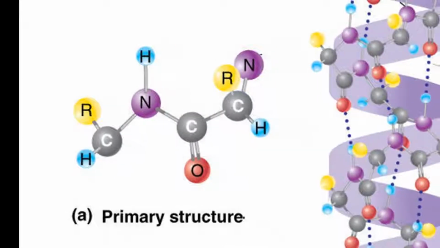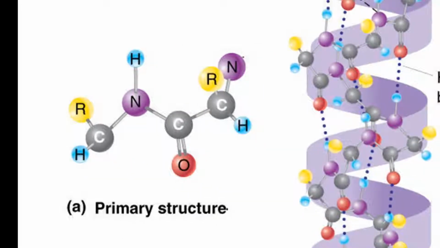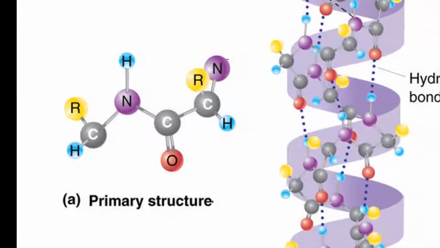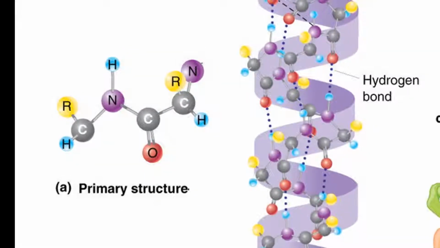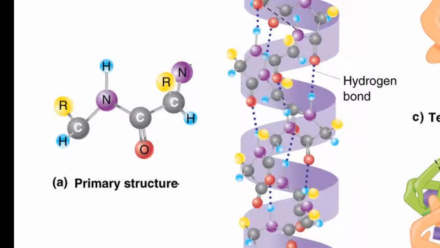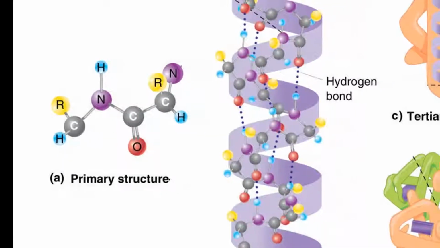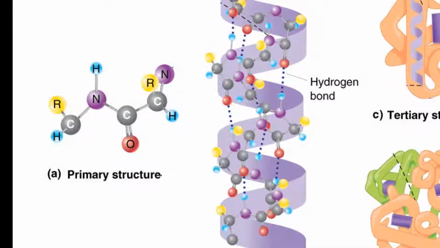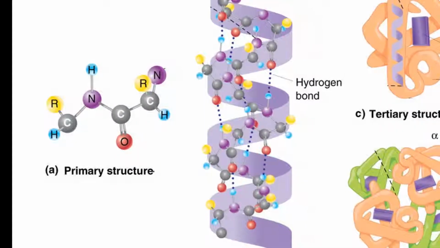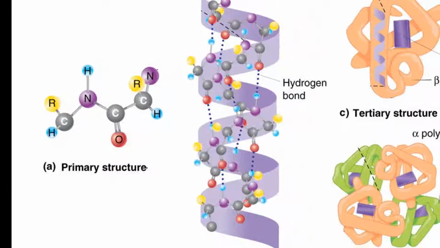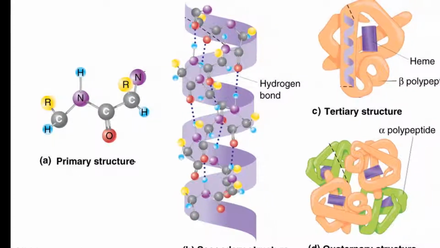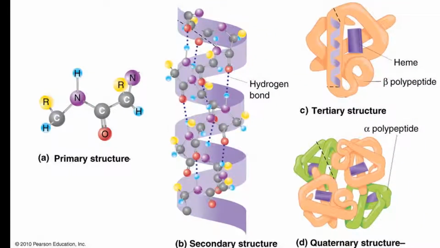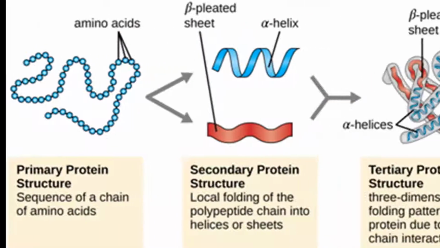An enzyme, for example, can bind to a specific substrate at a site known as the active site. If that active site is altered because of changes to the protein structure, the enzyme may be unable to bind to the substrate. To understand how the protein gets its final shape, you need to know the 4 levels of protein structure: primary, secondary, tertiary and quaternary.